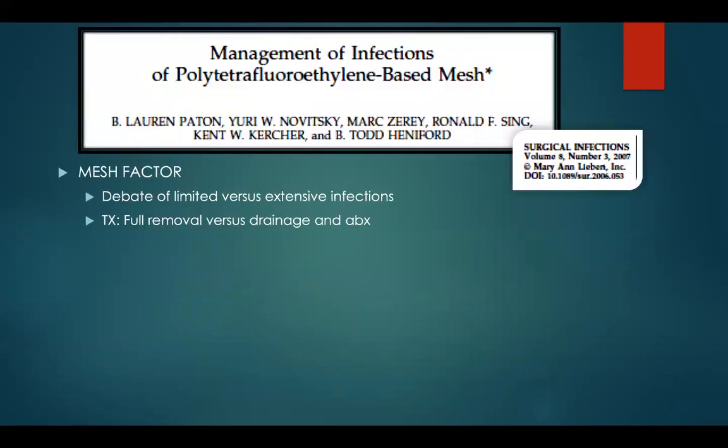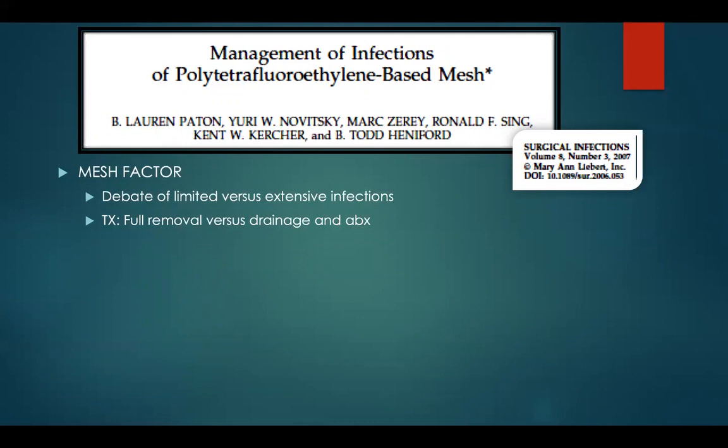When considering those heavier weight meshes back in 2007, earlier publications were debating, do we limit our excision versus full removal? Does it depend on a limited, per se, infection versus a completely infected mesh? And attempts at full removal versus can we get by with drainage and antibiotics?